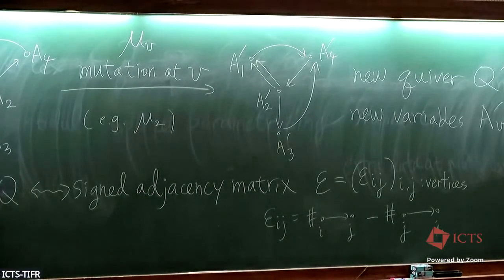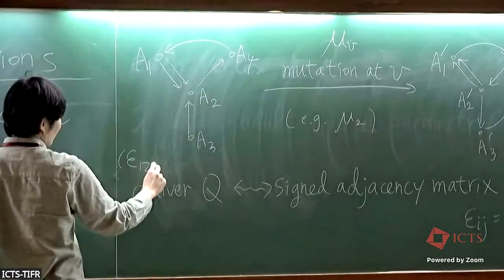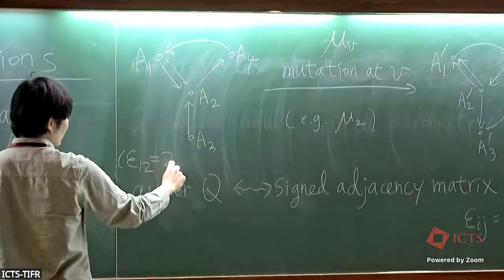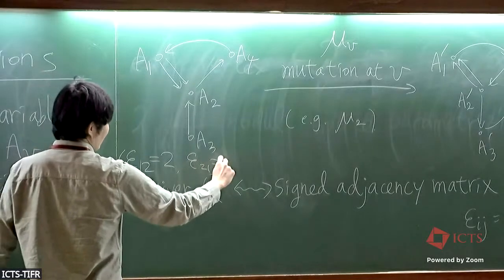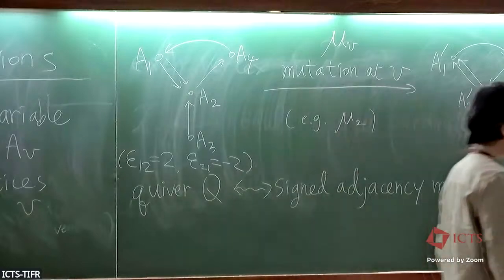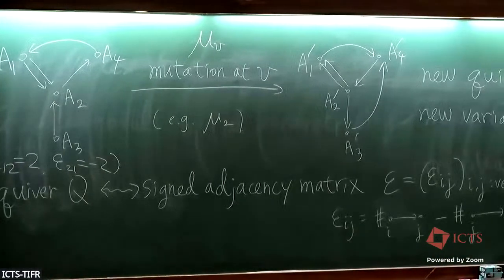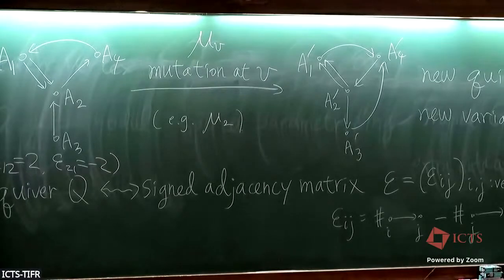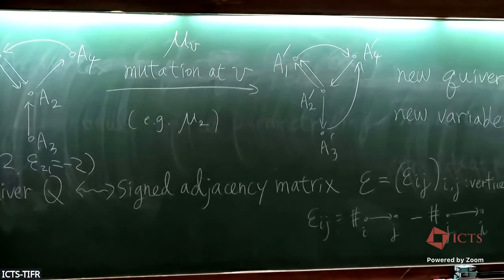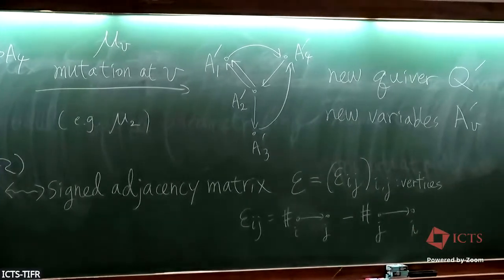So I'm just labeling this as 1, 2, 3, 4. So epsilon 1, 2 is, you have 2 arrows. Epsilon 2, 1 is -2. So this way you get a skew-symmetric integer-valued matrix, which is sometimes called an exchange matrix. That's the signed adjacency matrix of the quiver. So you can either work with the quiver or the skew-symmetric integer matrix.